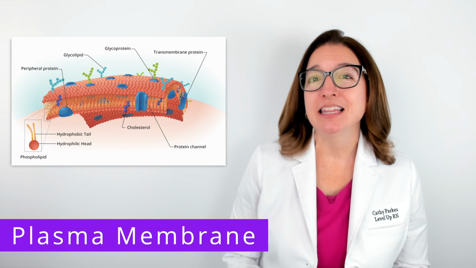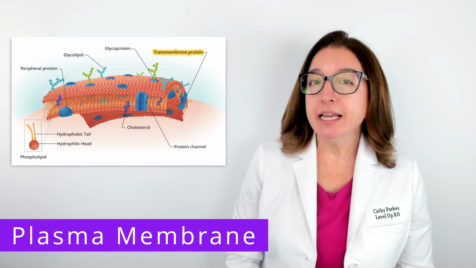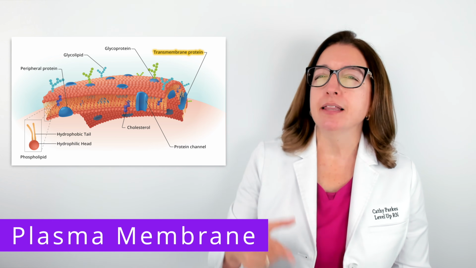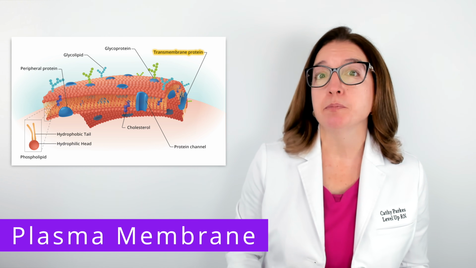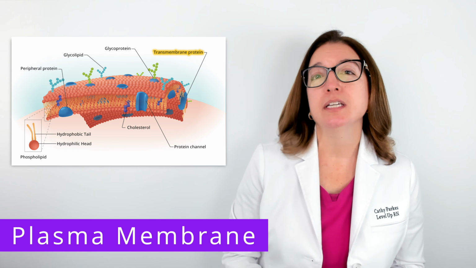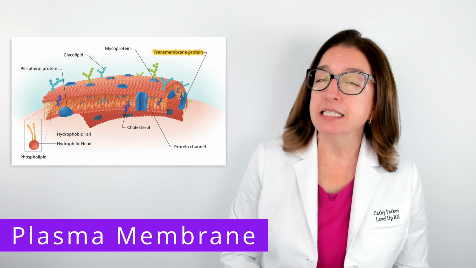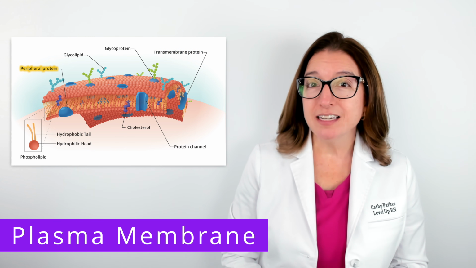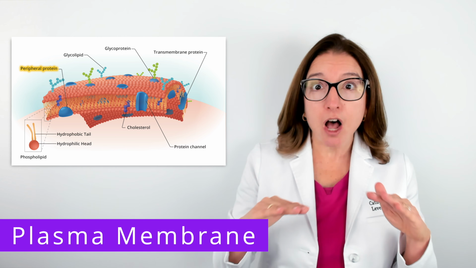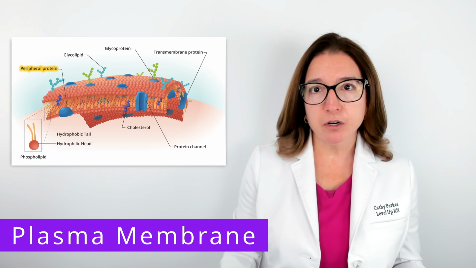Proteins are embedded in the plasma membrane and serve a number of functions. Transmembrane proteins span the entire plasma membrane. An example of a transmembrane protein is a protein channel, which allows the transport of specific molecules across the membrane. Peripheral proteins are proteins that do not span the entire plasma membrane, and they serve a number of functions.